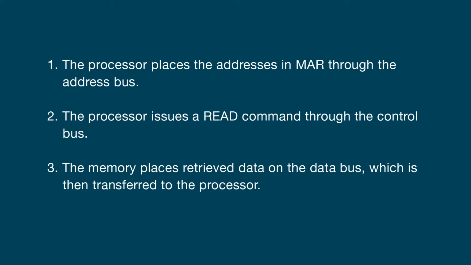The processor issues a read command through the control bus. The memory places retrieved data on the data bus, which is then transferred to the processor. Based on the read time of the memory, a specific number of processor clock intervals are allotted for the completion of this process. During this interval, the processor is forced to wait.